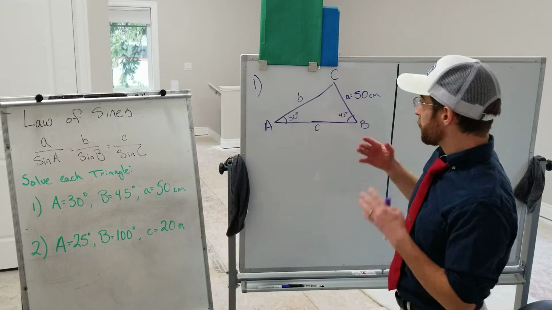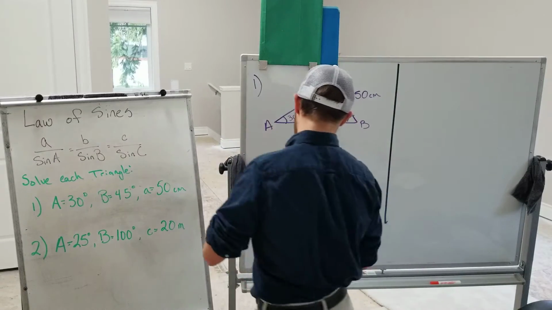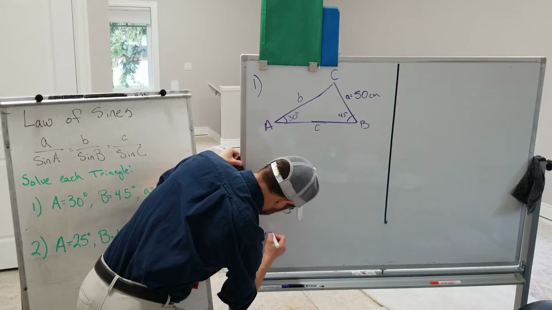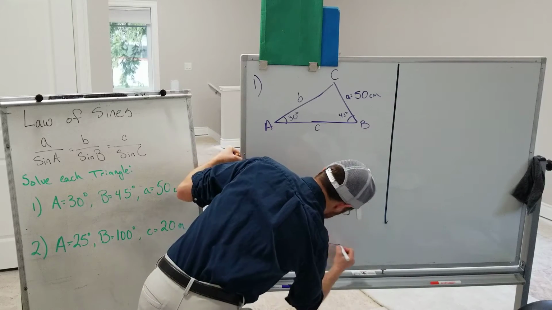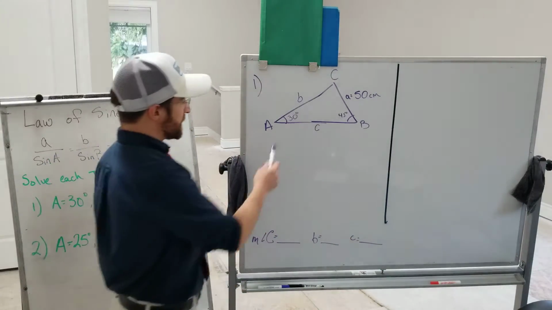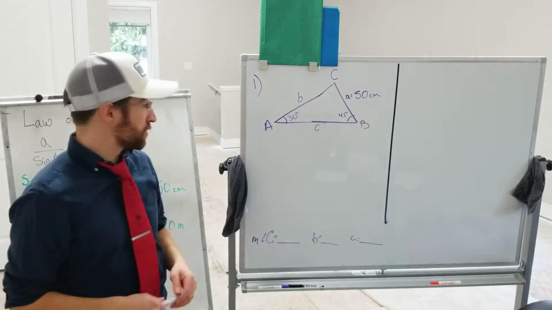The goal here to solve the triangle is to find the measure of angle C and then the side length for B and the side length for C. We have 3 pieces of information, and we want to find the other 3.